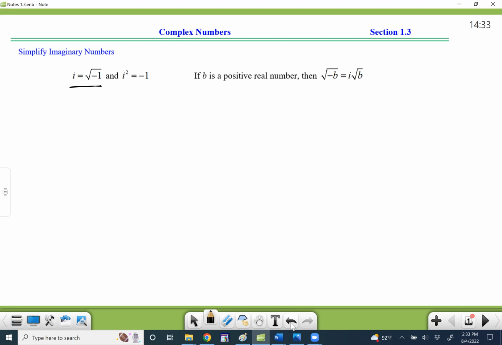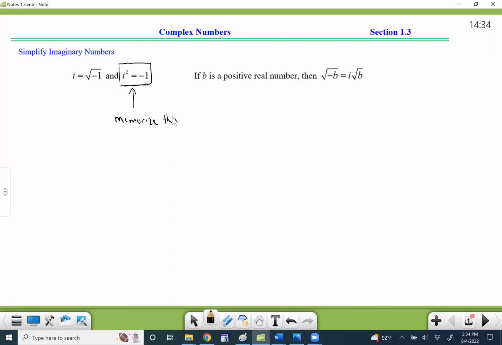Now, more commonly used than what i is, honestly, you could leave my class and not know what i is. More commonly used is i squared. So definitely make sure that you know that i squared is -1. You'll probably just naturally memorize it throughout the lesson today.